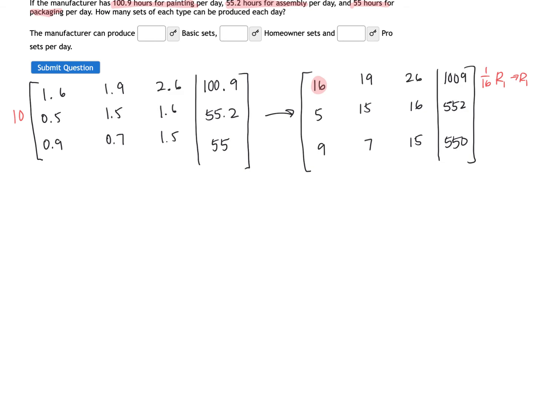So when you do that, divide everything by 16, you get 1, 19 over 16, 13 over 8, which is in reduced form, right? 26 over 16 will be 13 over 8, and then 1009 over 16. So if it doesn't go in evenly, go ahead and leave it in fraction form. The rest of the rows stay the same for now.